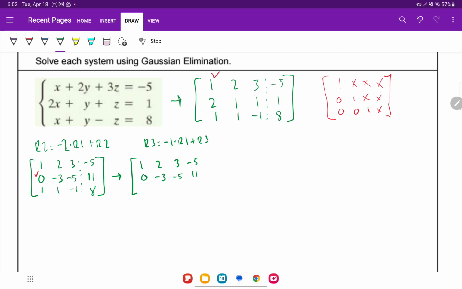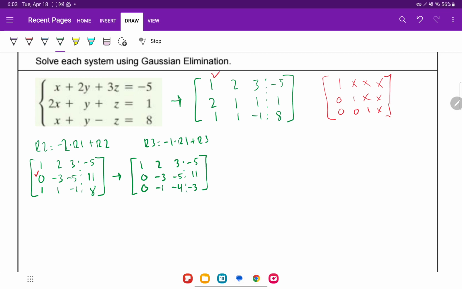And row 3, so -1 times 1 is -1, and then add that to 1, we get 0. -1 times 2 is -2. Add that to 1 right here, we get -1. And then -1 times 3 is -3. Add that to -1, we get -4. And then -1 times 11 is -11. Add that to 8, and we get -3.